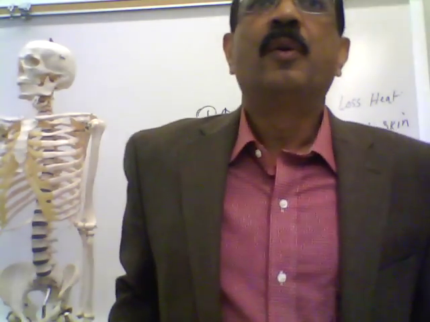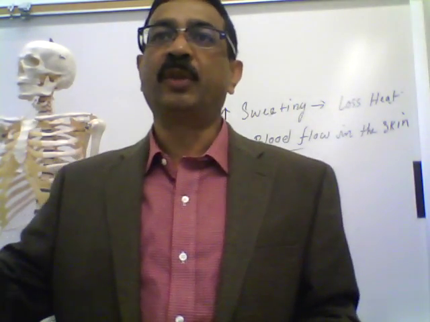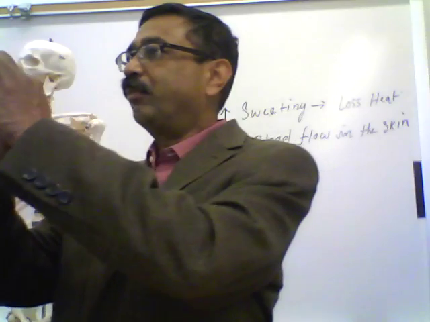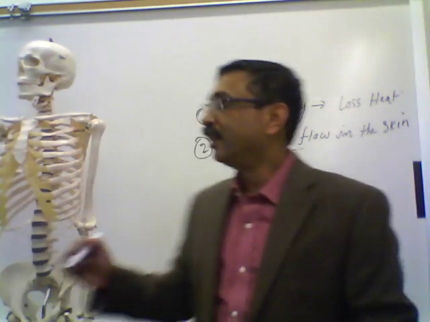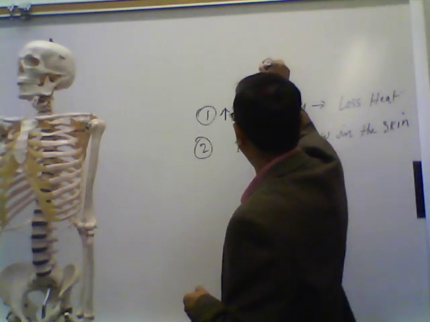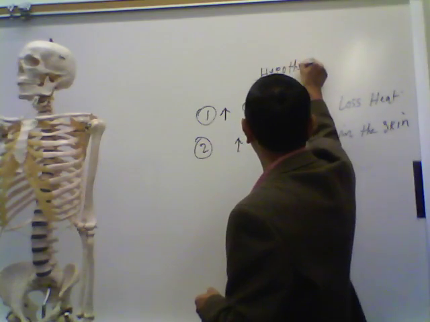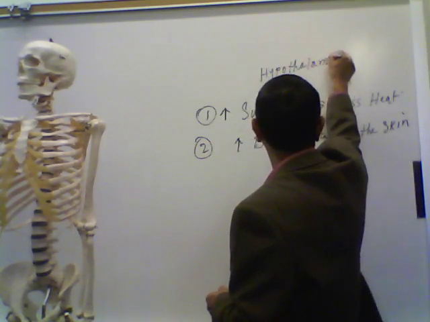Now, who controls how much sweating should occur, how much blood flow should be increased? Your brain. You know that the brain controls everything. So your brain has a structure that is called the hypothalamus.